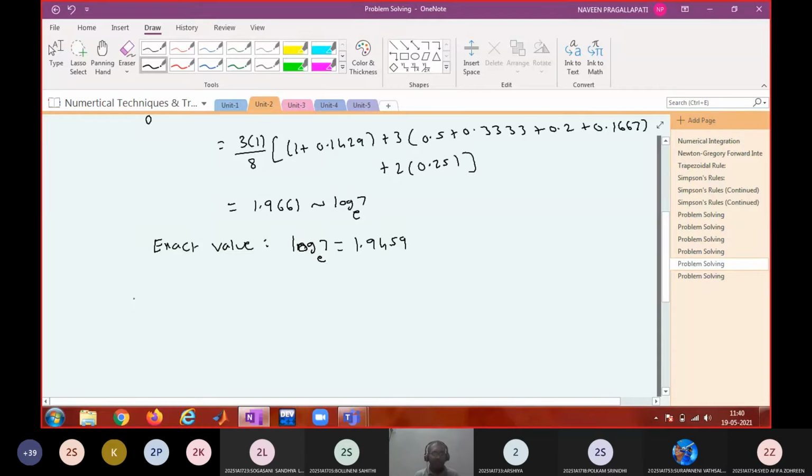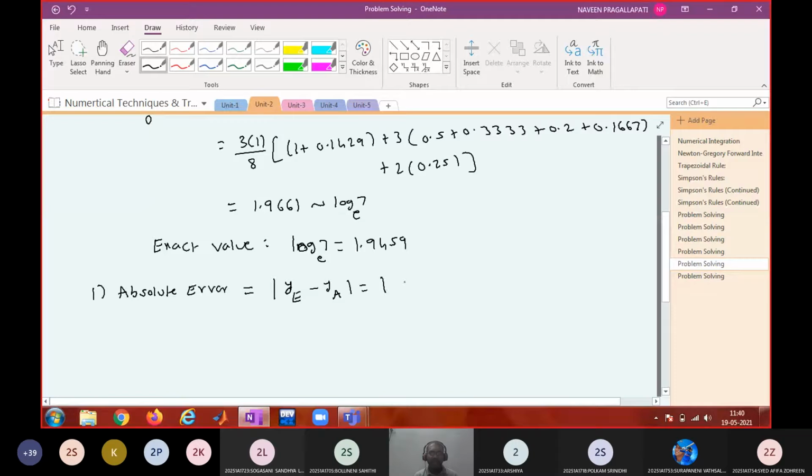So under this rule, we shall compute the absolute error. Absolute error is equal to the modulus of exact value minus approximate value, so y exact minus y approximate.